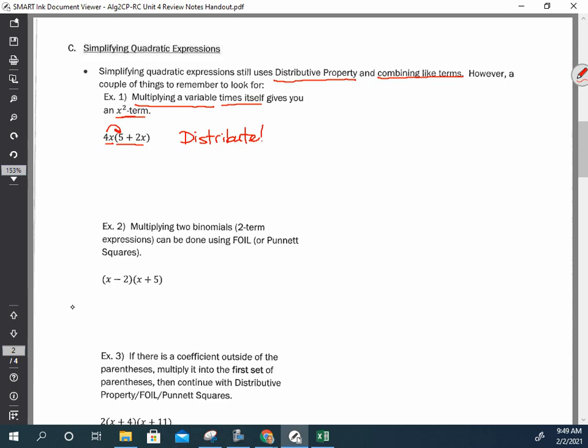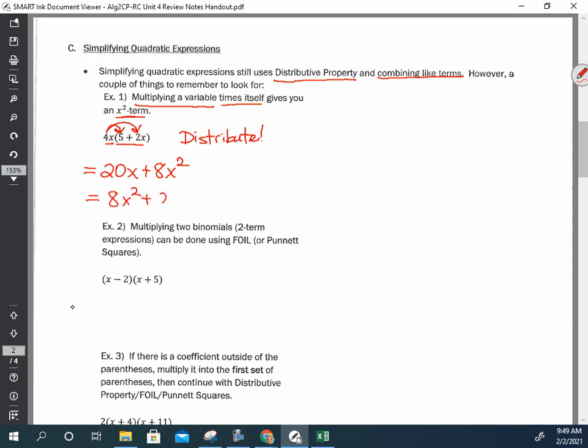So 4x times 5 gives you 20x, and 4x times 2x, which is 8x squared. Remember, anytime you take a variable times itself, you end up with x squared. So that's what you get when you simplify it.